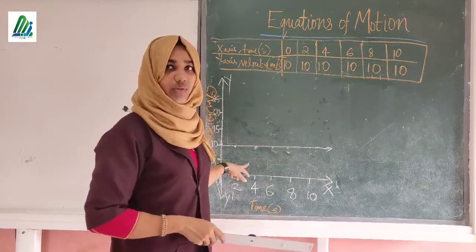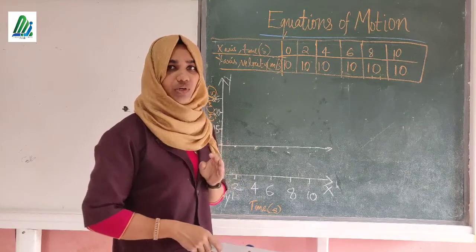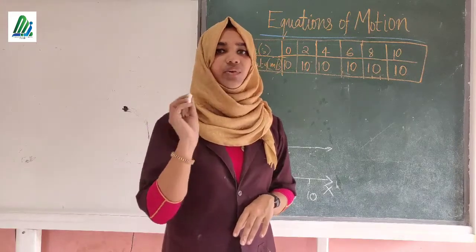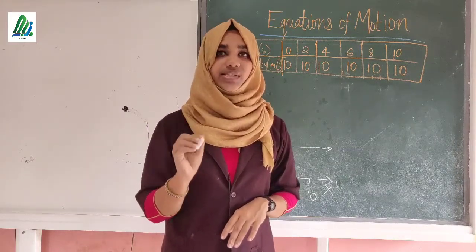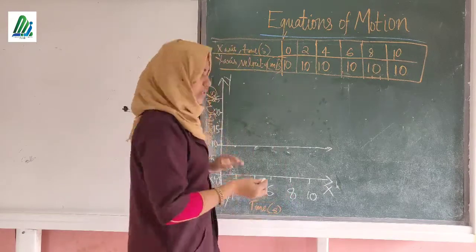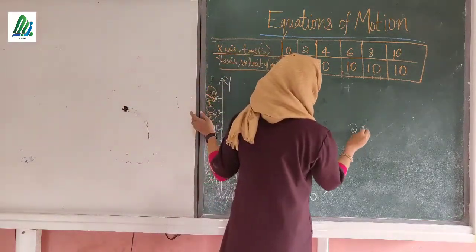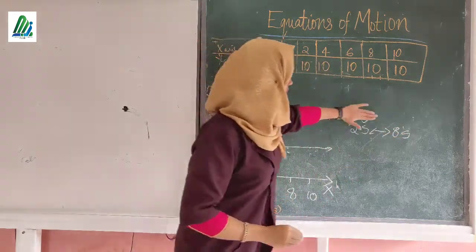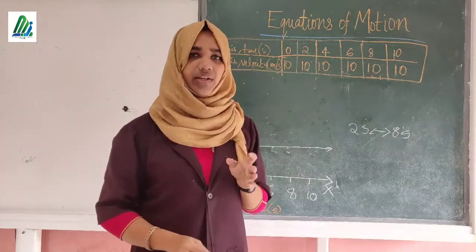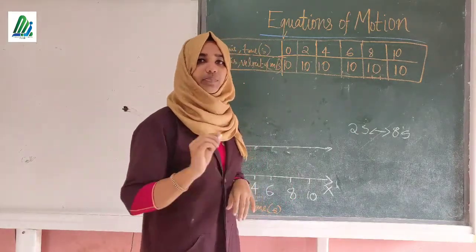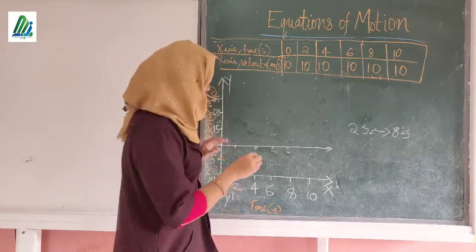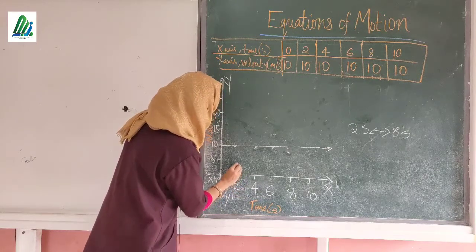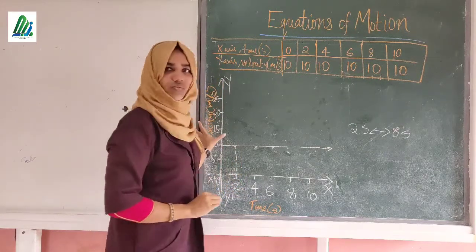We want to find out from this graph the displacement of the object between 2 seconds and 8 seconds. So we can draw a perpendicular from 2 seconds on the x-axis to this straight line.